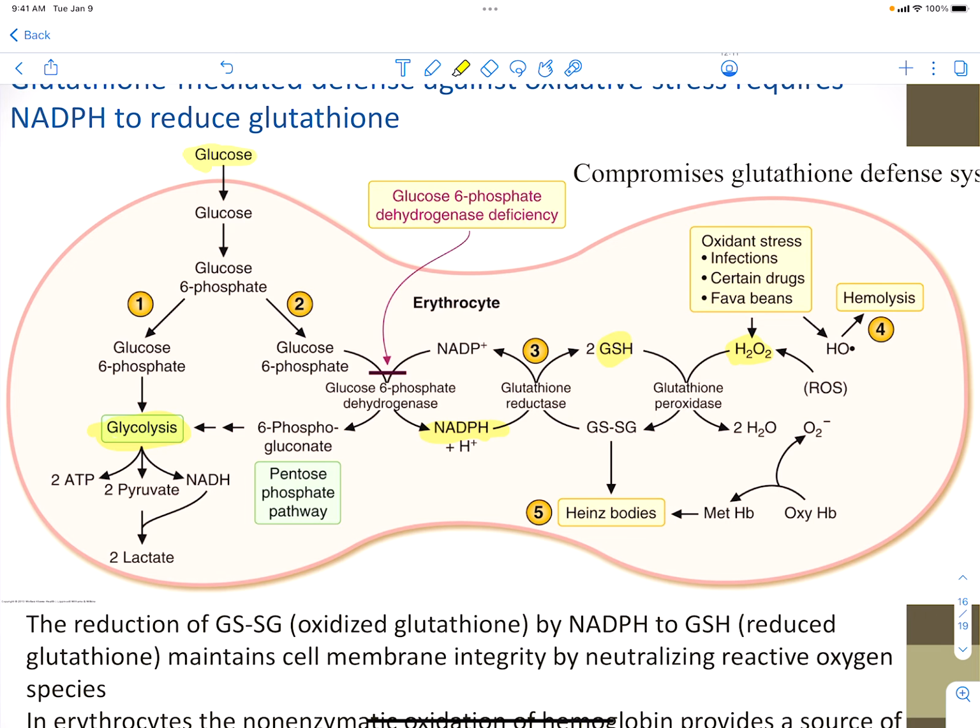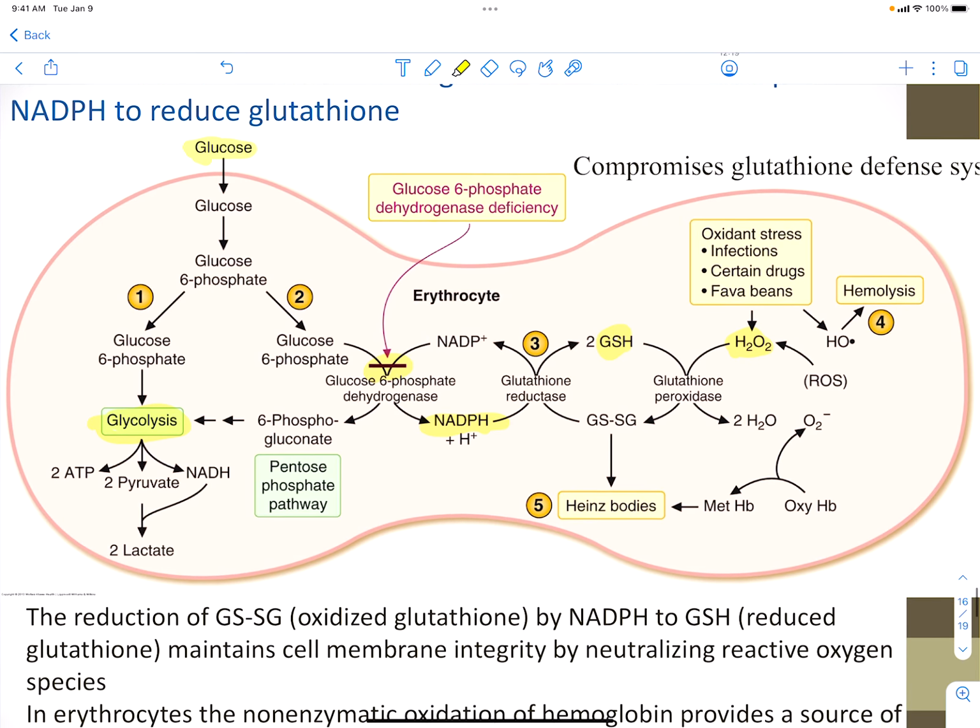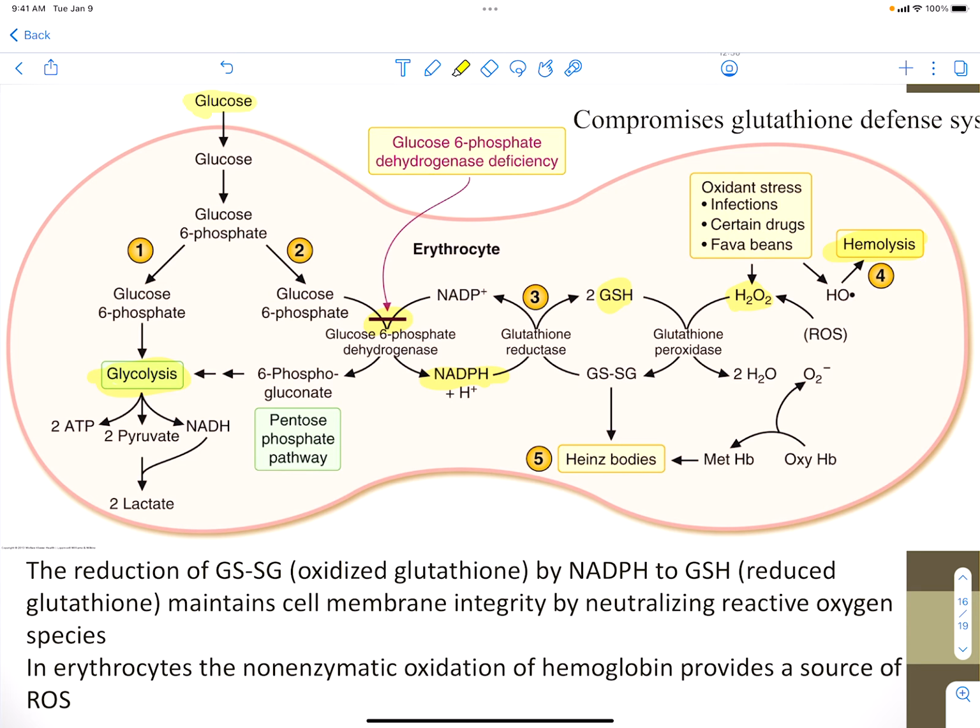If you have a glucose 6-phosphate dehydrogenase deficiency, this is going to compromise this whole glutathione defense system, and it's going to lead to your cells being killed faster. So this reduction of glutathione is very important for cells like erythrocytes because they don't have any other defense mechanism.